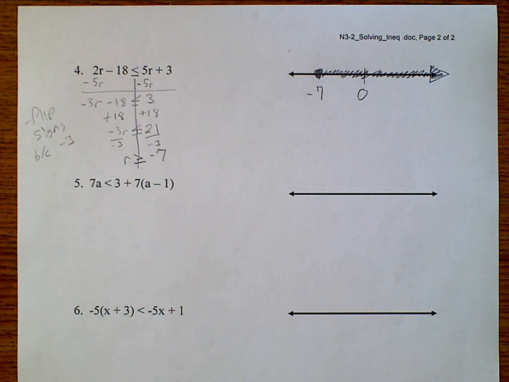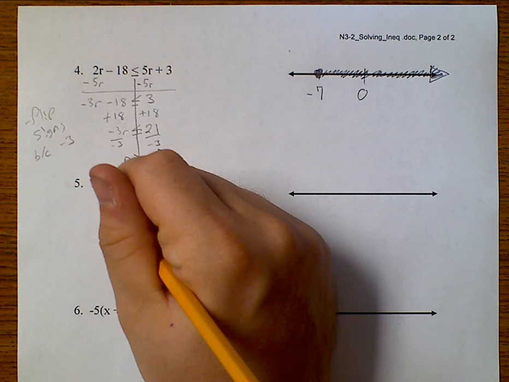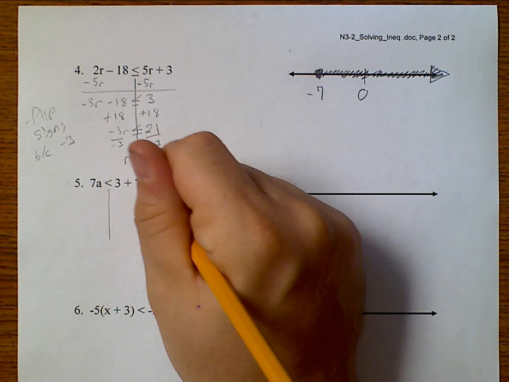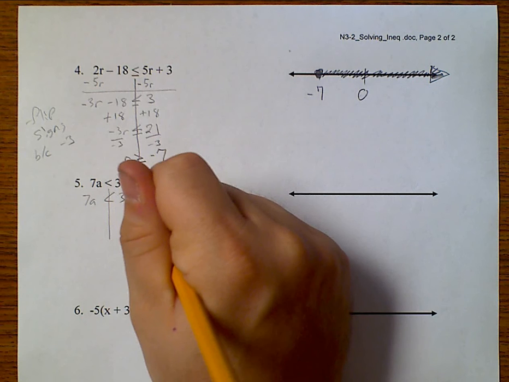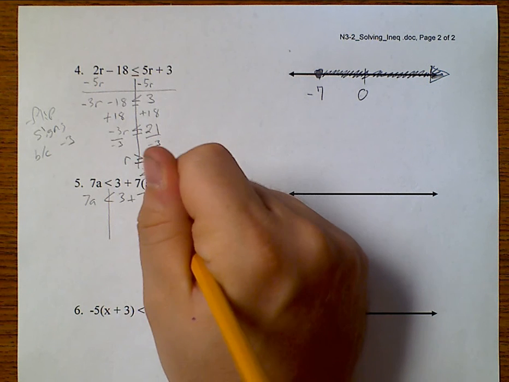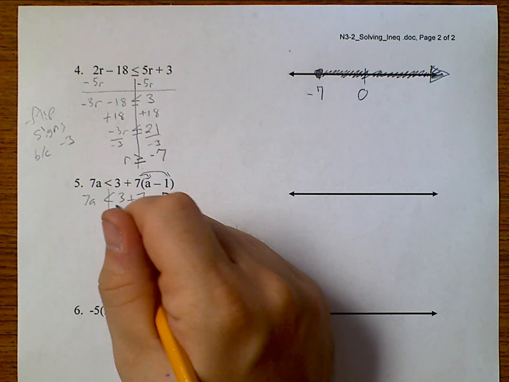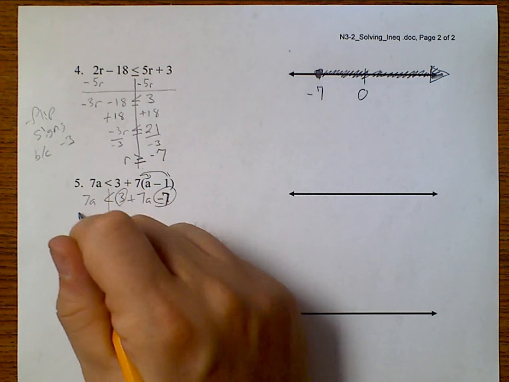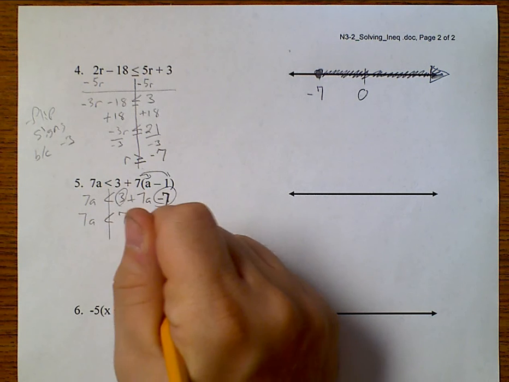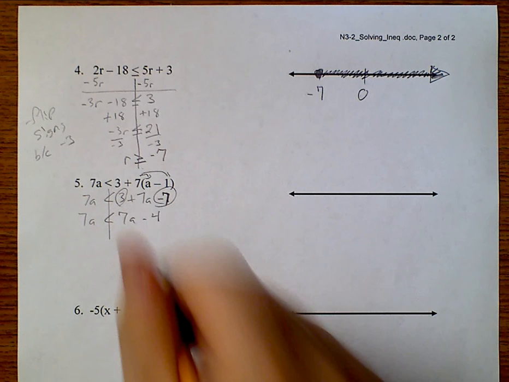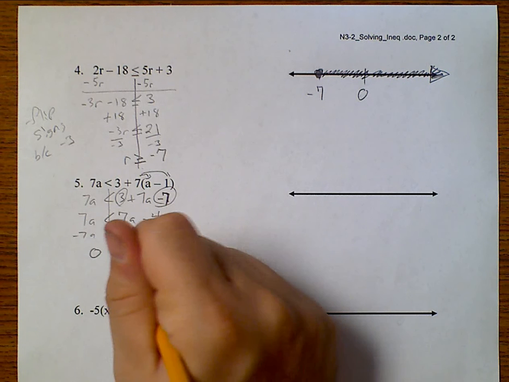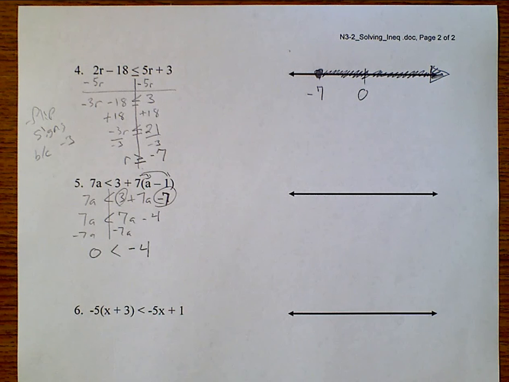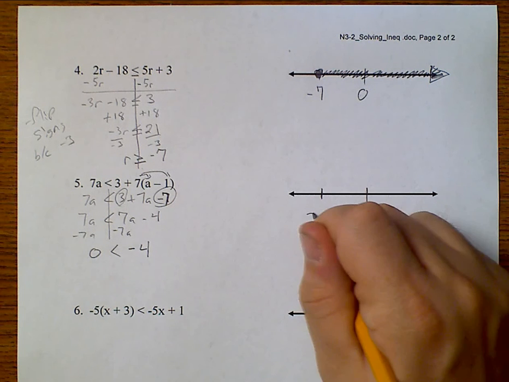On to example number 5. First thing I need to do is distribute. 7a less than 3 plus 7a minus 7. I can combine like terms. 7a less than 7a minus 4. Subtract 7a. 0 less than negative 4. I'm going to go ahead and put 0 and put negative 4.